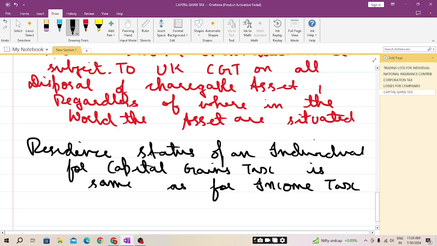The resident status of an individual for capital gains tax is the same as for income tax purposes. This we have already covered in chapters number 2 and 3, students. If the individual is a UK resident, then he will be subjected to CGT for disposals in the tax year, wherever the assets are situated in the world. I hope this is clear.